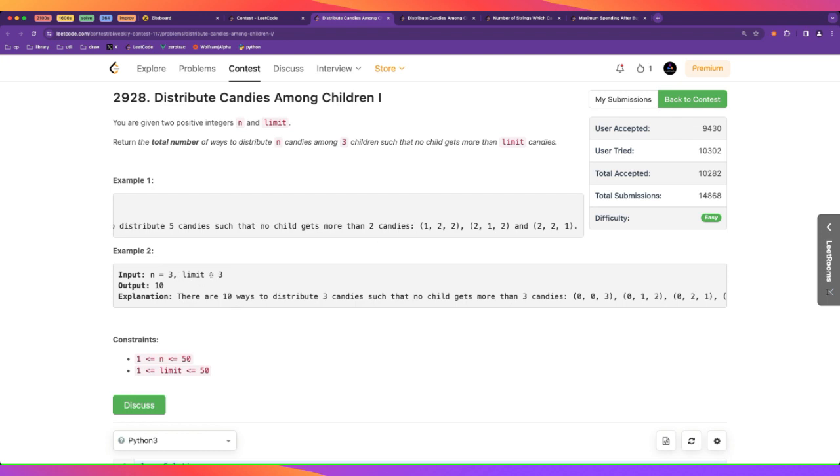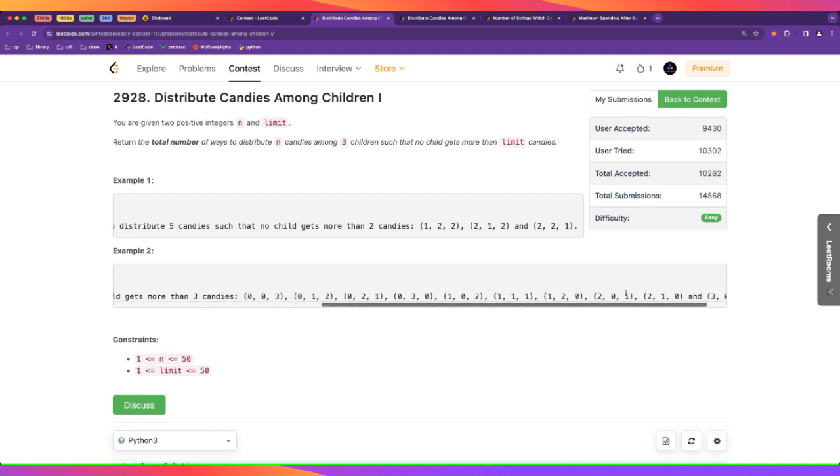Here the limit is 3 and we have 3 candies, so we have more options. We have 10 options, and here they are enumerated. This is a very concise notation: these are triples, and the first element of the triple is how many candies the first child gets, and so on.